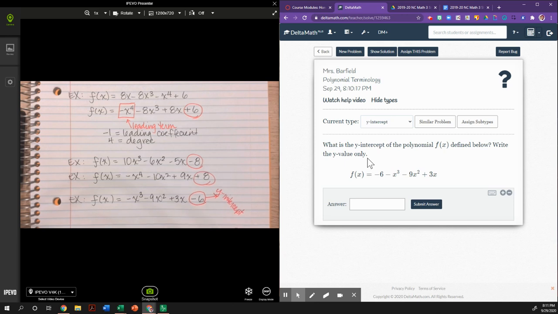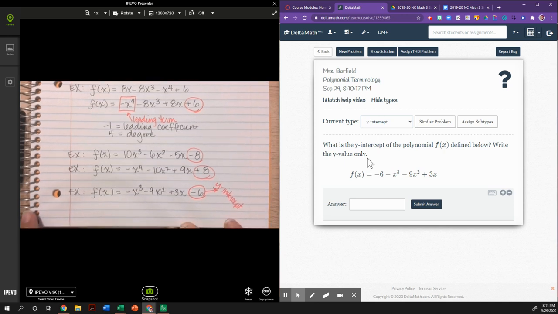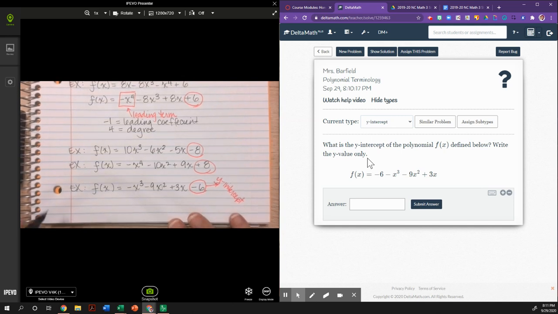You have to remember something you were taught in Math 1: if you want to find the y-intercept, you let x be 0. So if I put in negative 0 to the third minus 9 times 0 squared plus 3 times 0 minus 6, well, that's 0 minus 0 plus 0 minus 6, so 0 minus 6 is negative 6.